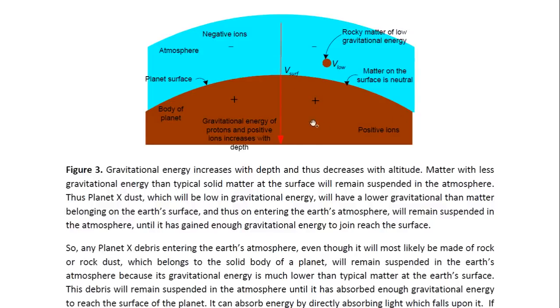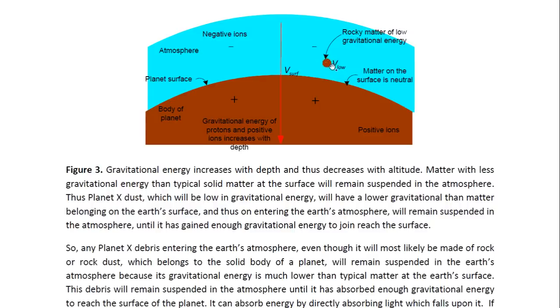It's positively charged if it's further down, at a greater depth, and it will be the most positively charged right at the center, whilst the atmosphere also will be neutral at the surface, but it will be more and more negatively charged as we move up in altitude. They will have extra electrons.